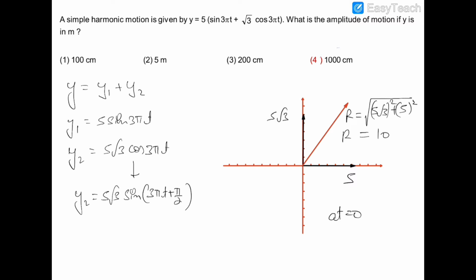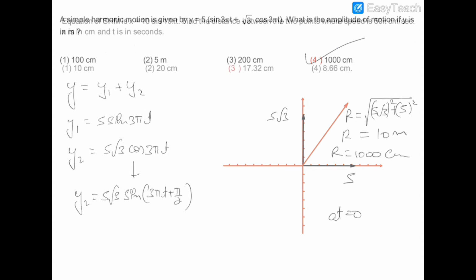So first of all we have to find out the amplitude. So the resultant amplitude will be equal to 1000 centimeters. So the answer is D. Now let's move on to the next question.